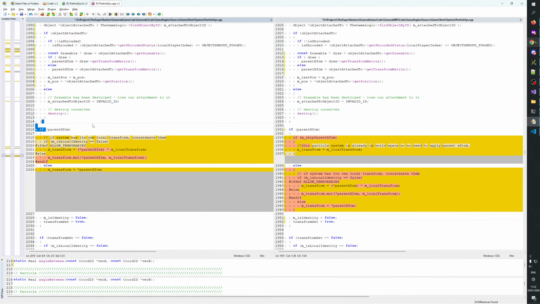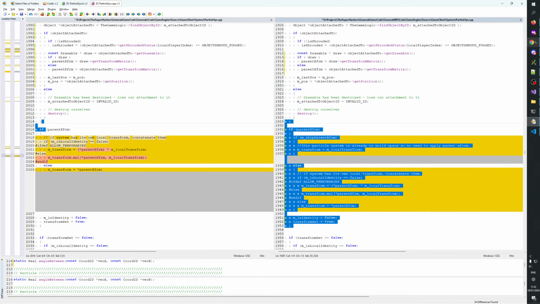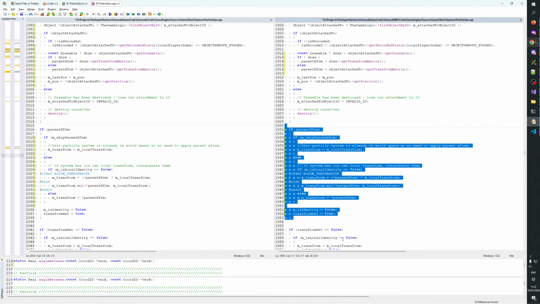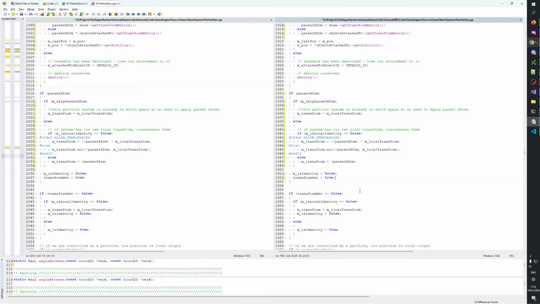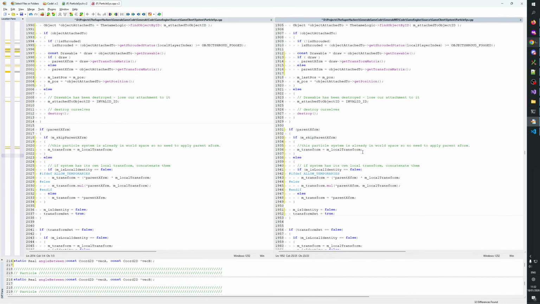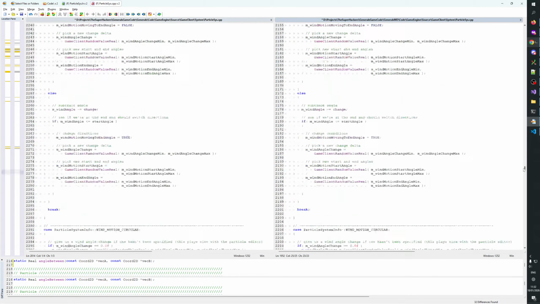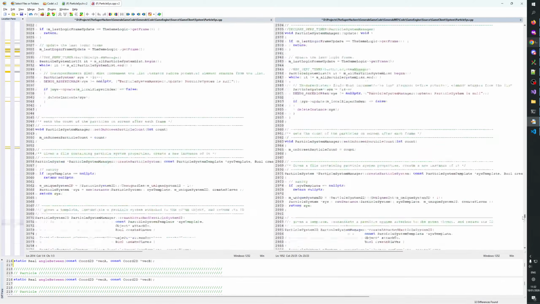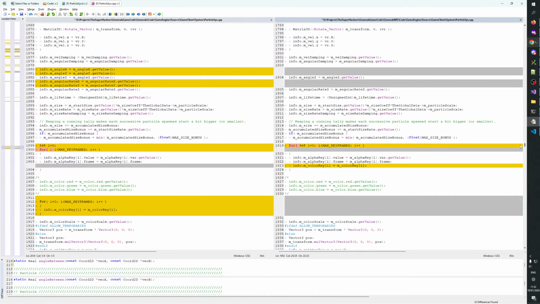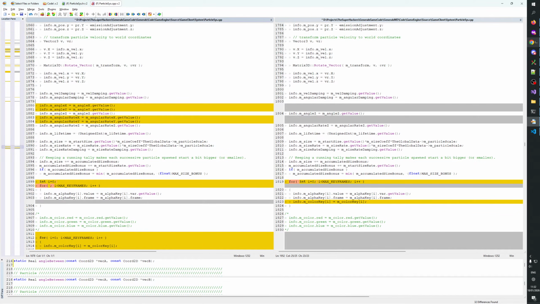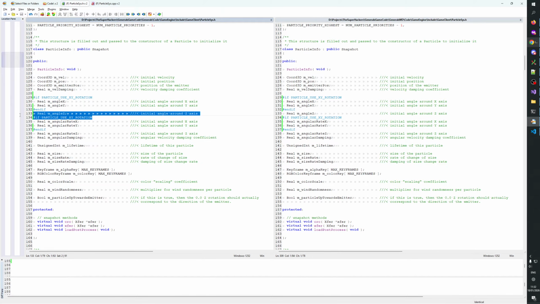I think we can take this one over and then we take these guys over. Okay. Okay, I think that looks fine. Let's see what else we have. Keyframes. Okay, here we have another of these guys.